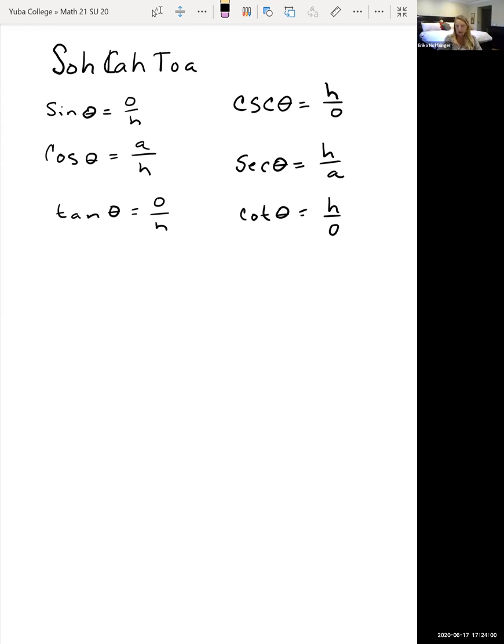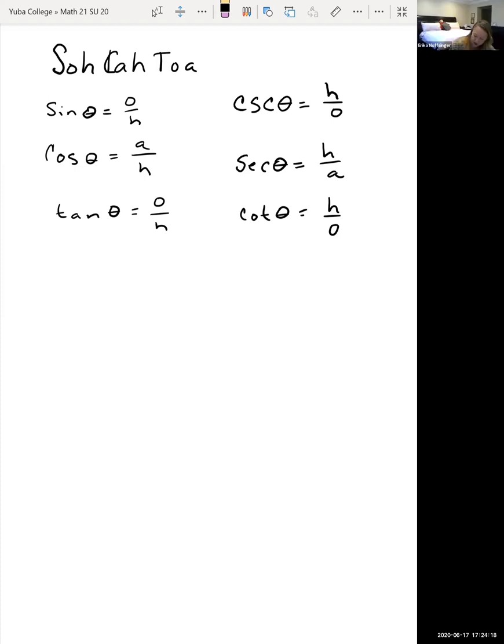We also talked about that the 2 angles other than the right angle have to sum up to 90 degrees. And we found that there was a complementary angle theorem, and those are called cofunctions.